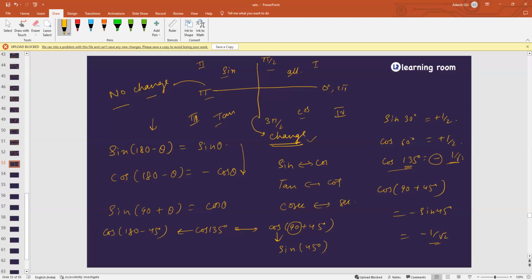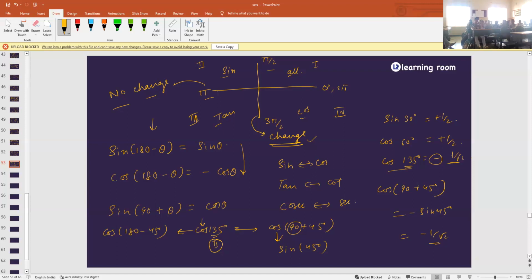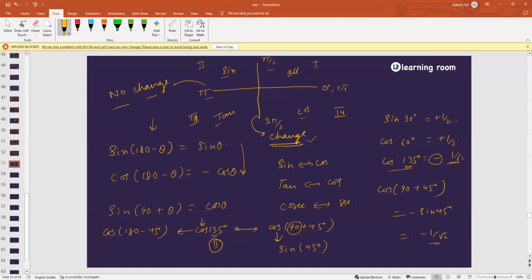This 135 is in the second quadrant. In the second quadrant, is the question function positive or not? Is cos function positive or not in the second quadrant? No, cos function is not positive.